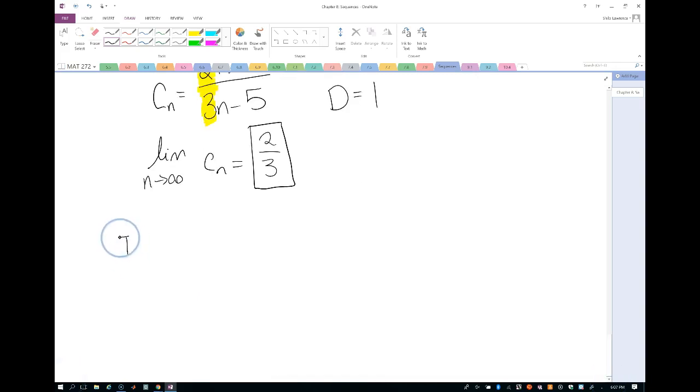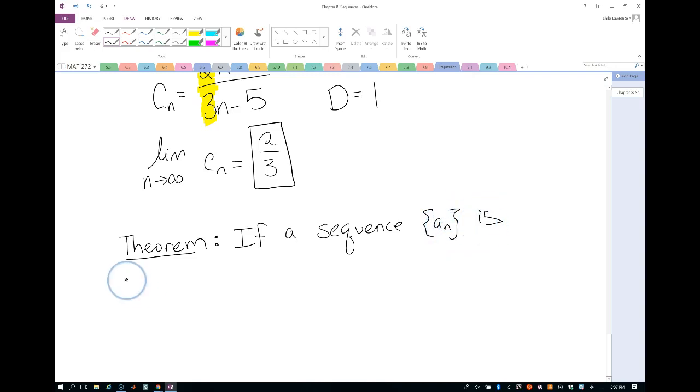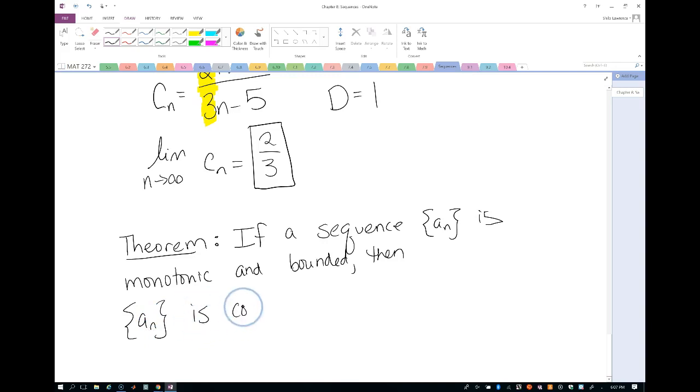There is a theorem, which is like a rule, that can guarantee us that a sequence will converge if a sequence a sub n is monotonic and bounded, then a sub n is convergent.